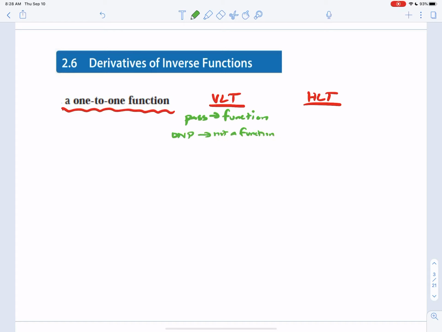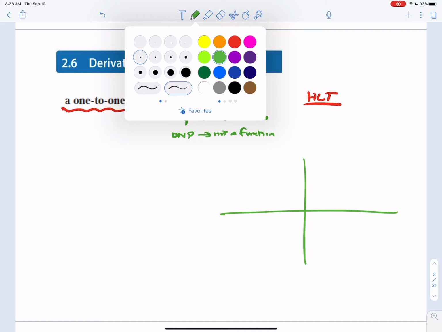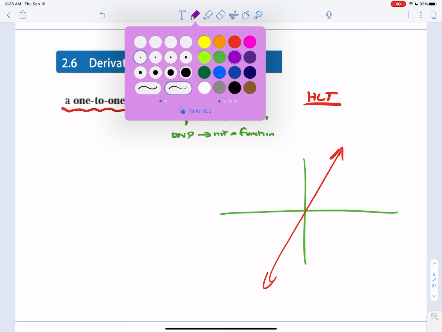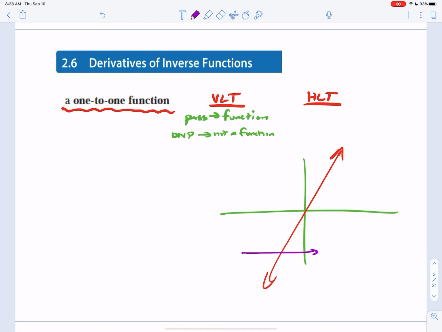So the horizontal line test, in terms of passing and not passing, works the same way. For instance, if you had a function like this, and you ran horizontal lines to test it, you're looking to see how often it intersects, and in every case it only intersects at most once.